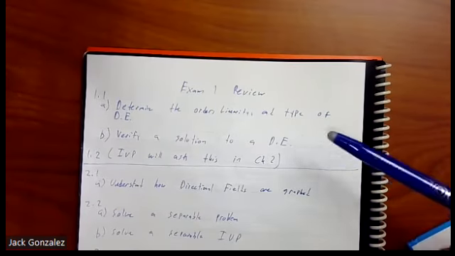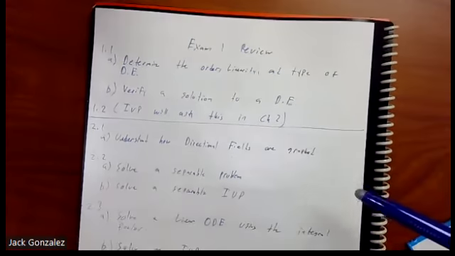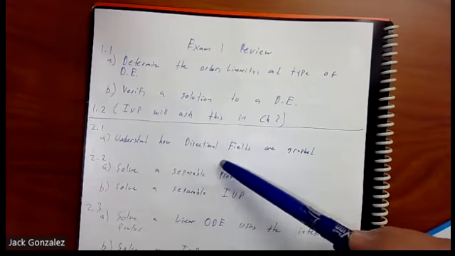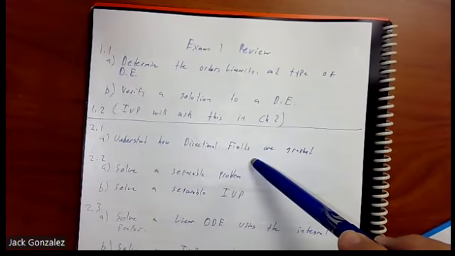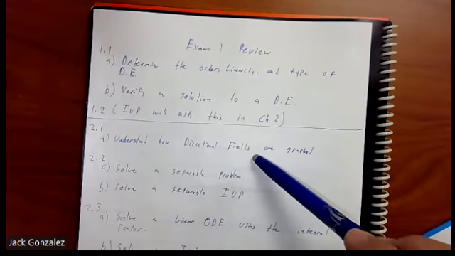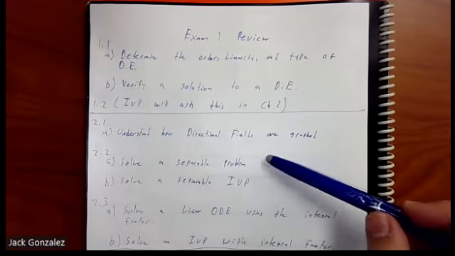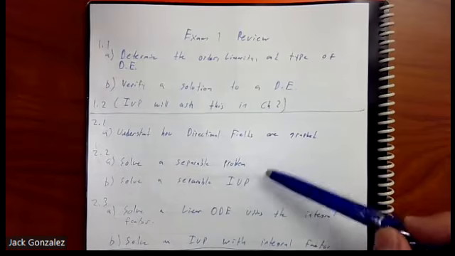I may ask you to verify a solution if I have time or space on the exam. For 2.1, I don't know if I'll have you do this, but it's good to understand. I'm probably not going to test you on this. For sure there will be a separable. I would bet I'm going to give you two of these.